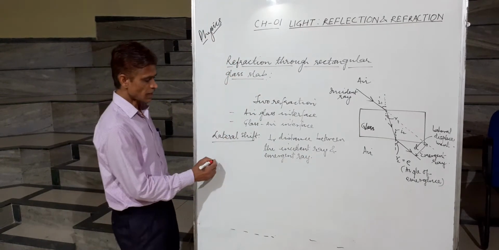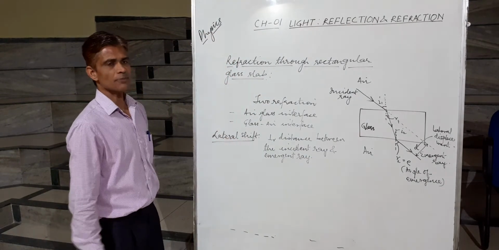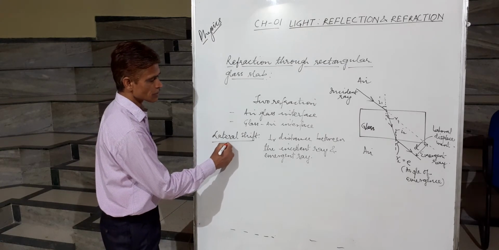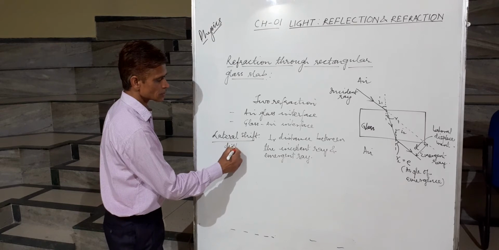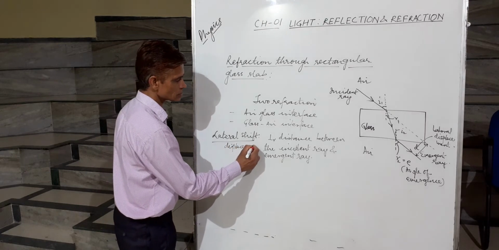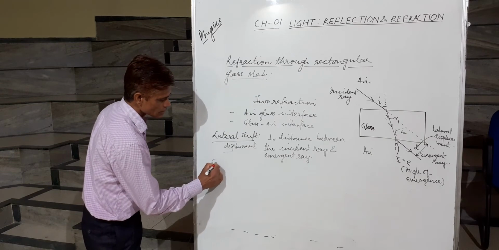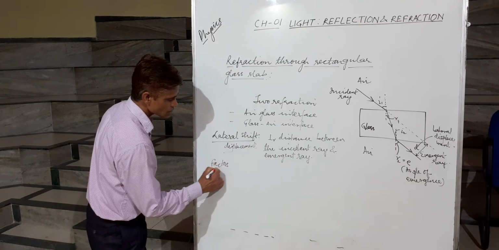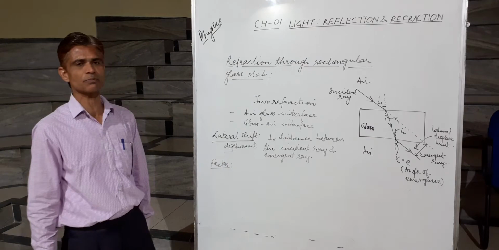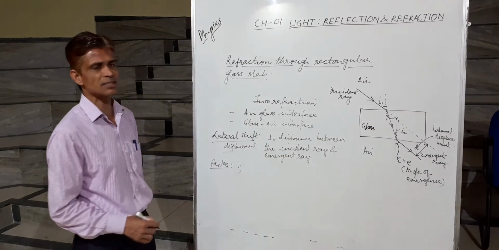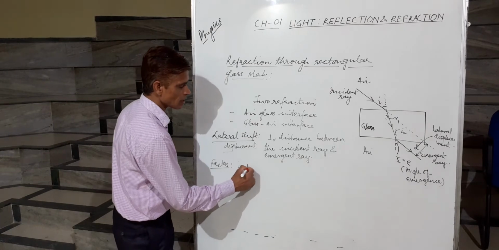Now there are some factors which affect the lateral shift or lateral displacement. Factors on which the lateral displacement depends. First factor which affects the lateral displacement is the angle of incidence.